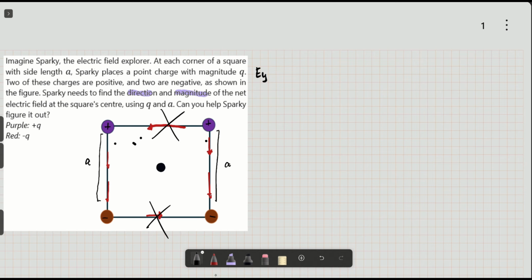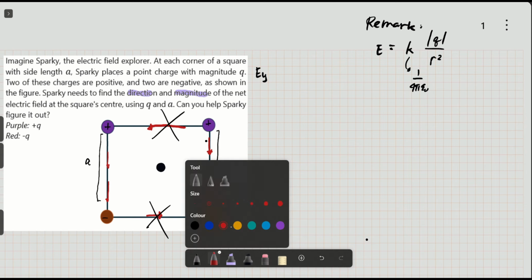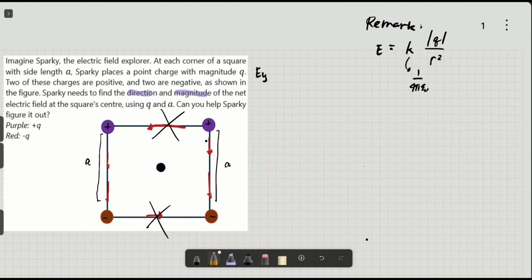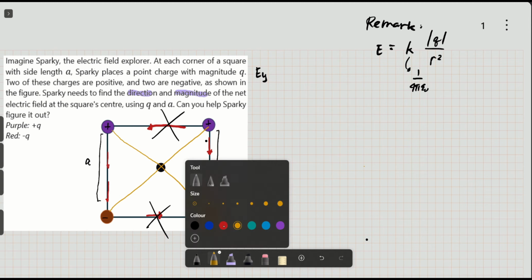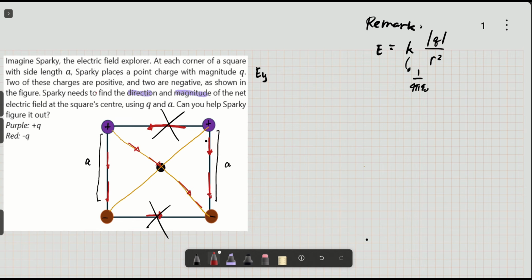Now, considering our middle, we need to draw lines that would tell us the electric field's direction.